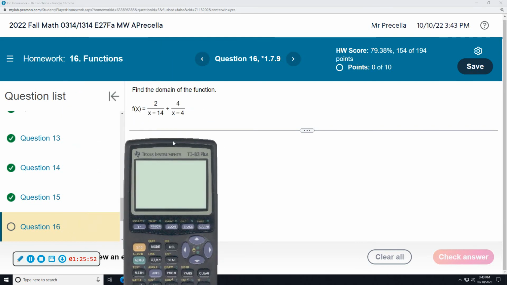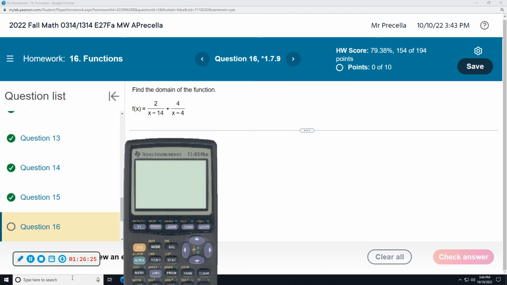This is number 16. Let me write the problem down. Find the domain of the function f of x equals 2 over x minus 14. Oh, there's two fractions in this equation, plus 4 over x minus 4.